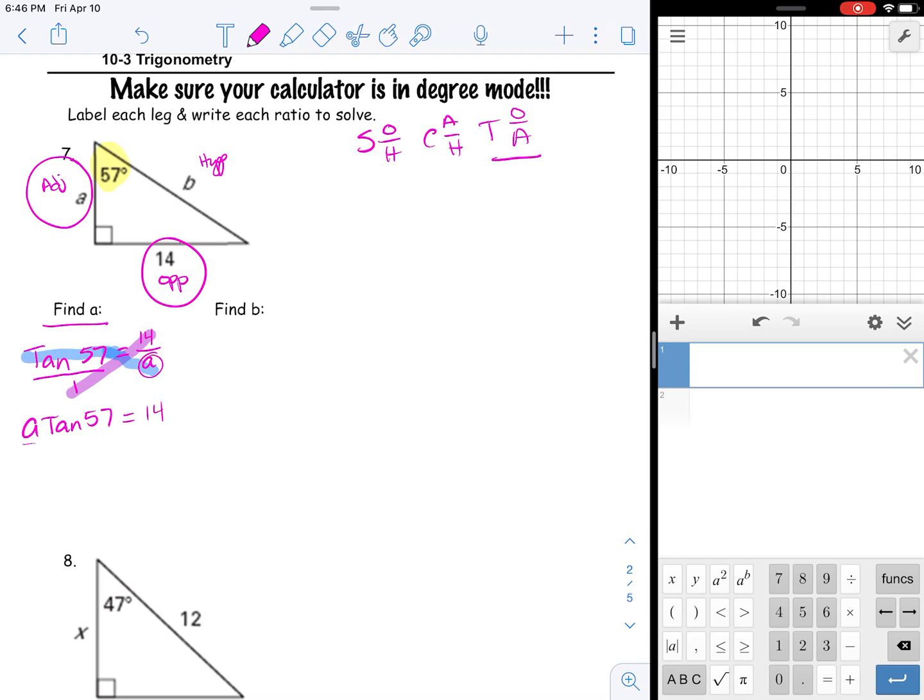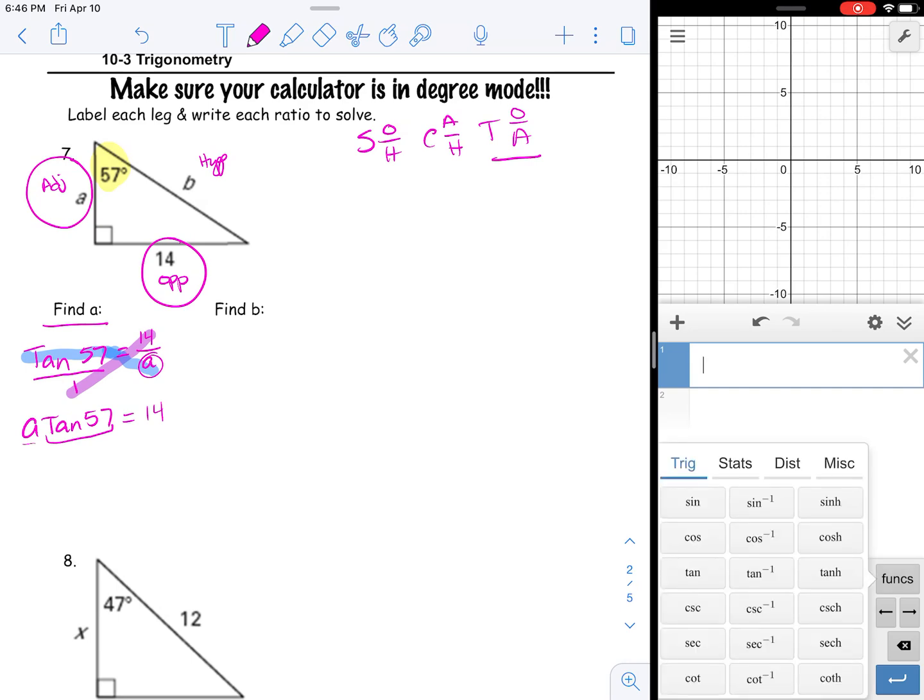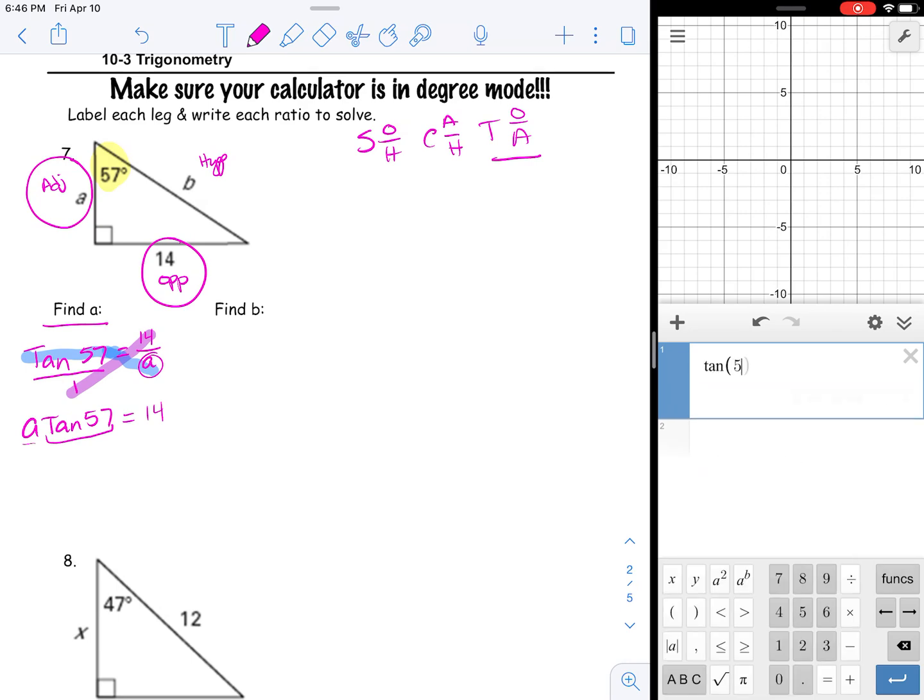So to get the variable alone, remember that tangent 57 is just a number. We could go over here to Desmos, type functions, pick tangent, type 57. You'll see that it's just this number. It's like a super crazy decimal number, but it's just a number. So what we want to do is divide both sides by the number that is tangent 57.